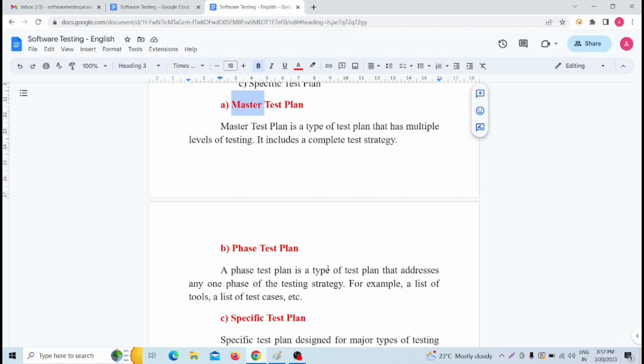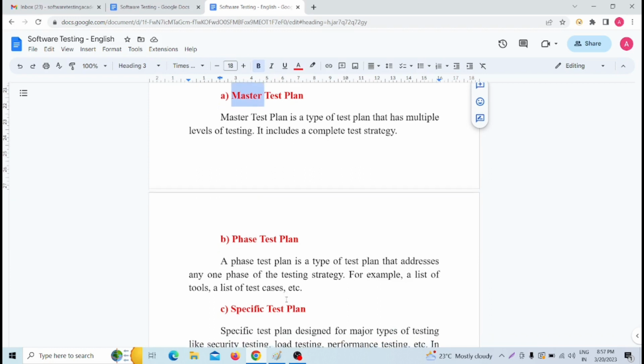For example, maybe a list of tools, maybe a list of test cases. That means one phase of the testing strategy. So that is the phase test plan.